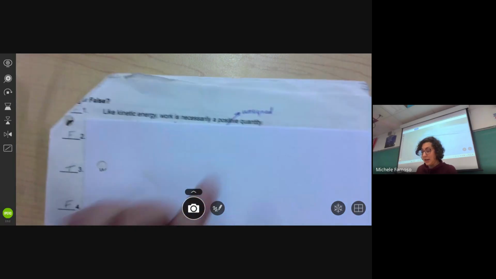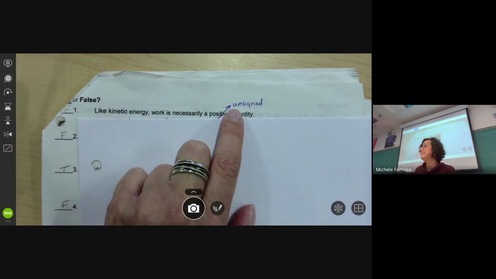Why is 1 false? Nick? Because work can be positive or negative, but it doesn't show direction. Yeah, work can be positive or negative, and kinetic energy is unsigned.